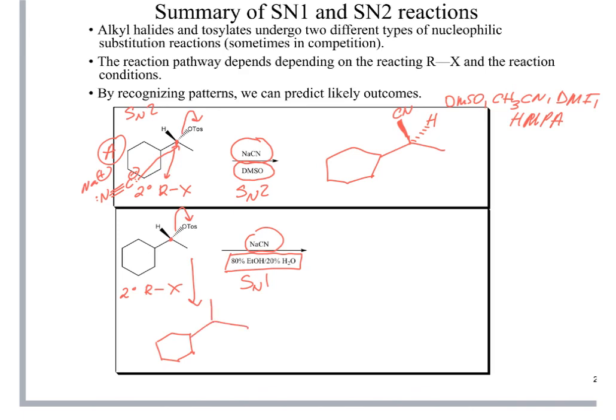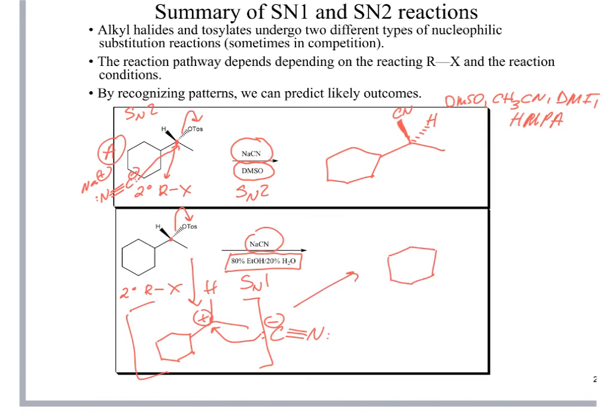My carbocation is trigonal planar, so I cannot talk about configuration R or S in the intermediate, since I don't have four groups attached to the carbon in question. And then my cyanide nucleophile can approach my carbocation equally likely from the top or from the bottom, leading to a racemic product.